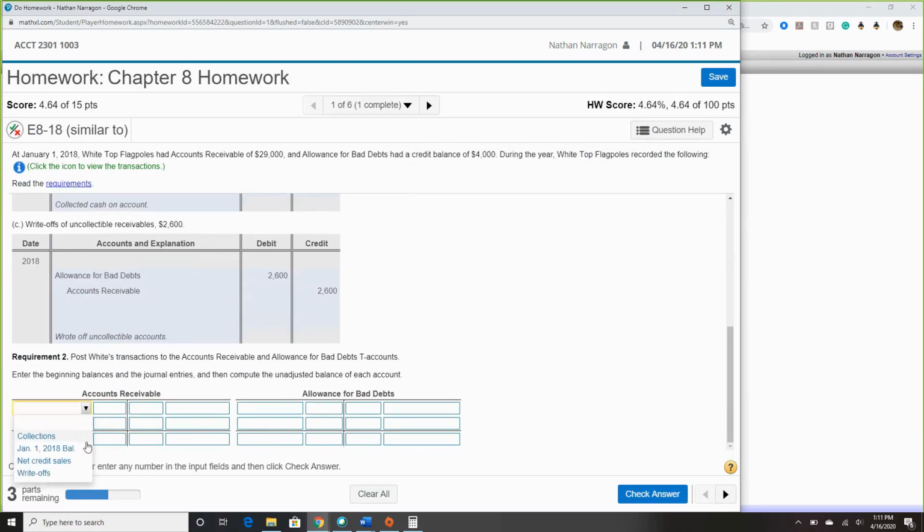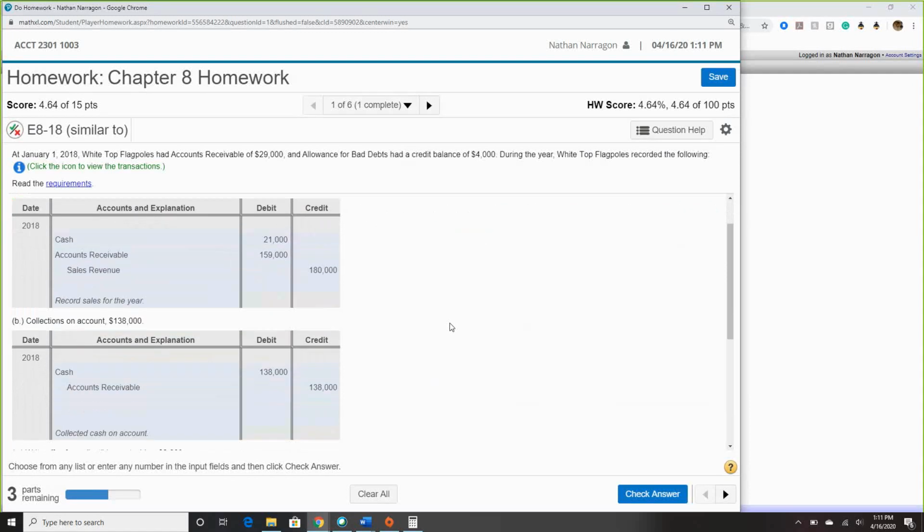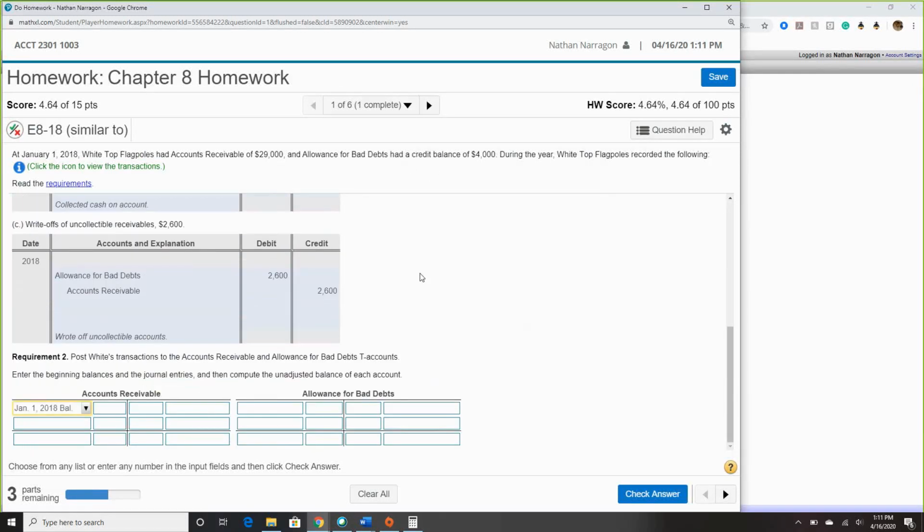Okay. So, January 1st balance, we find up here, happens to be $29,000 and $4,000. It's a credit balance. Get that note, scroll up. So, January 1st, I had $29,000 of receivables.